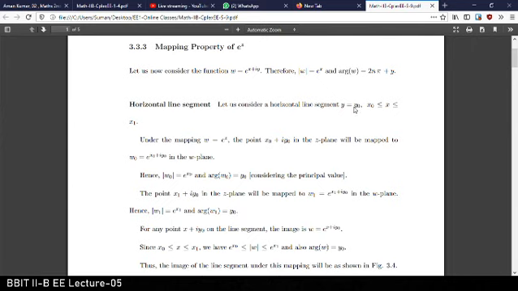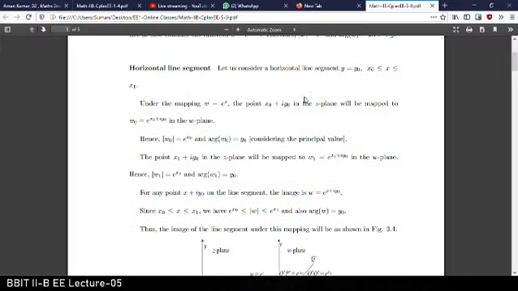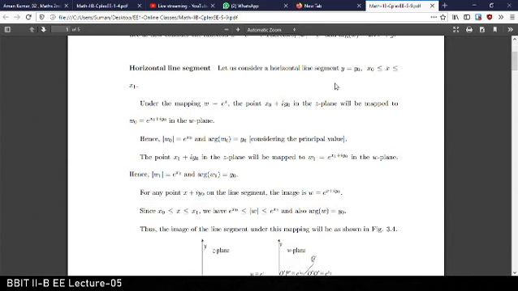Now consider the second point, sorry, Q. For Q, the coordinates are x1 and y0, that is x1 plus i y0. Suppose the image is w1.